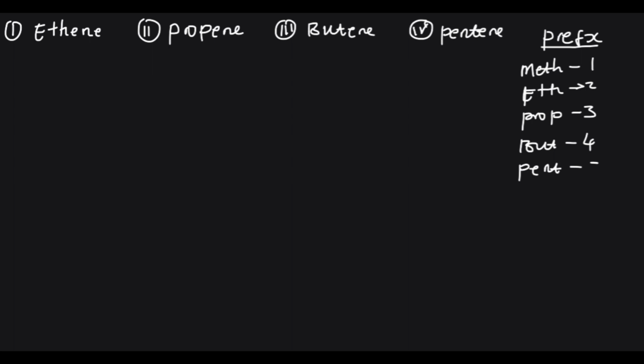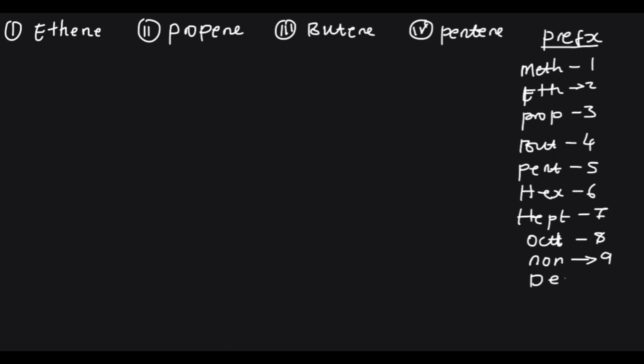Pent 5. Hex 6. Hept 7. Oct 8. Non 9. Dec will have 10.